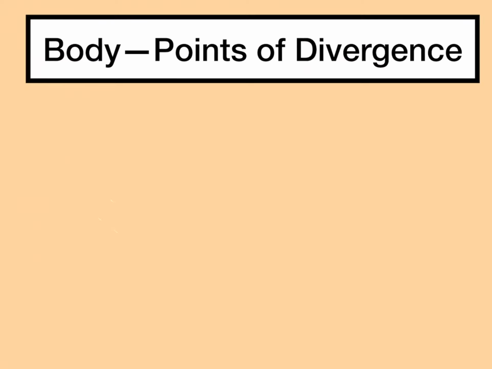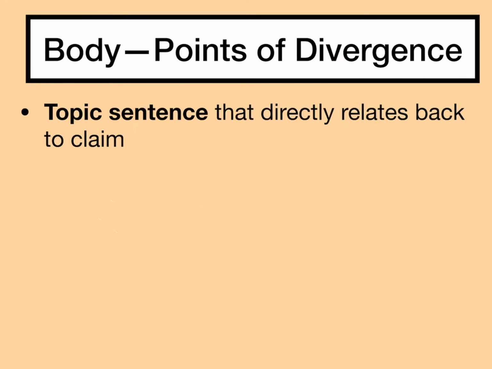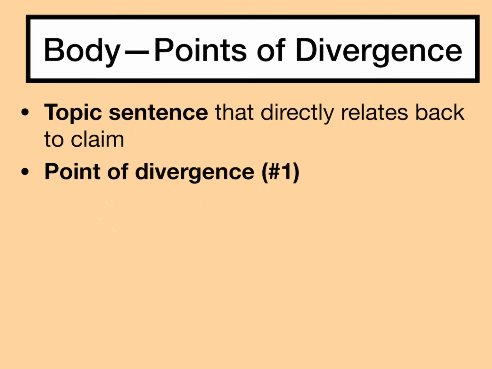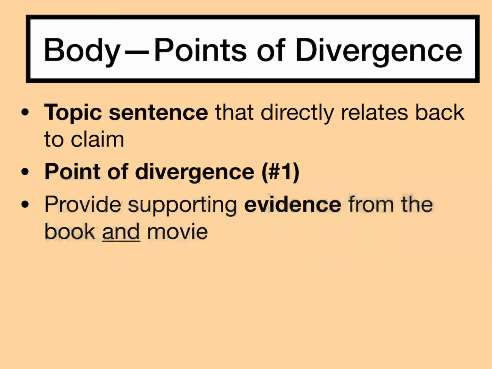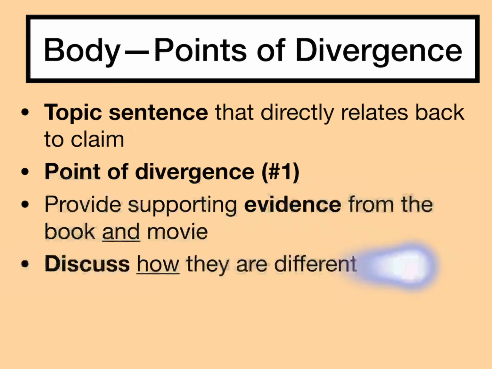And then you're going to write a second body paragraph, and this is about the points of divergence. How are they different? So once again, you're going to write a topic sentence that directly relates back to your claim. Then you're going to bring up one difference. Once again, you're going to provide evidence, and you're going to introduce evidence with a signal phrase.